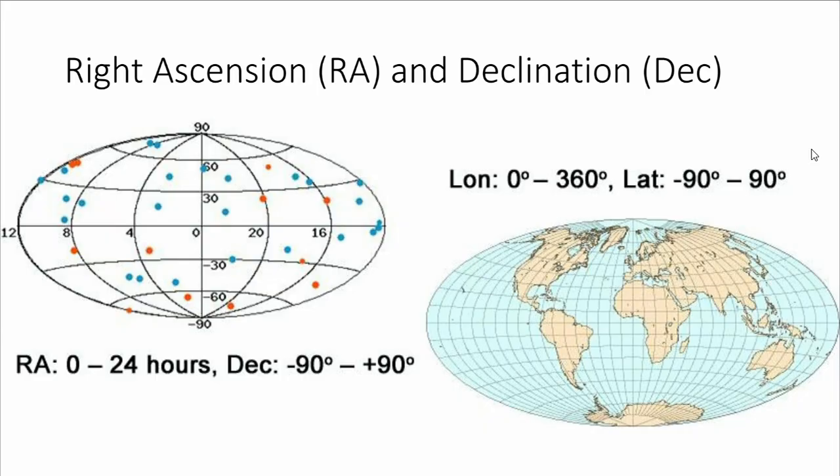But then the right ascension, you can measure it in degrees, you can also measure it in hours. So this is a consequence of the Earth rotating 24 hours in a day. So we map the different angles along the celestial equator to different hours in the day.